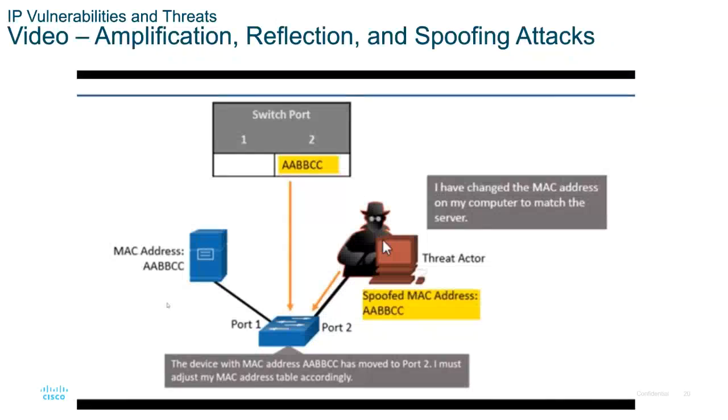It's coming in on the ingress of port 2. Thus the switch says, oh, I understand that AABBCC, that machine has moved and now exists off of port 2. So whenever I, the switch, must send traffic to the server, of course, I will send it out now on port 2.